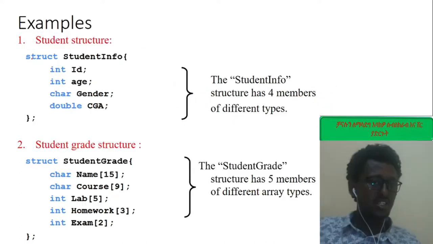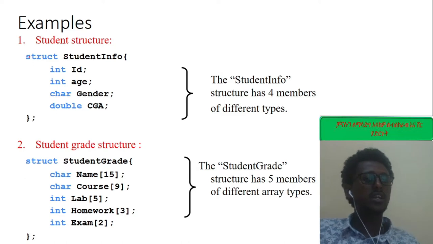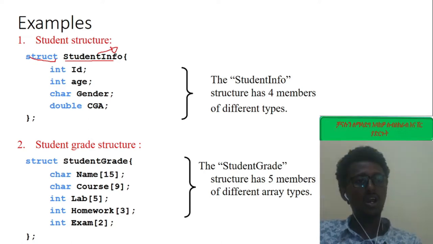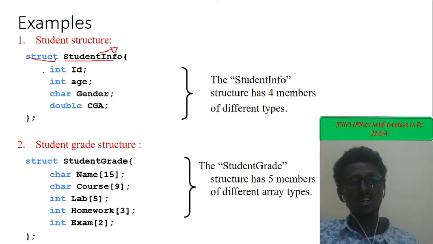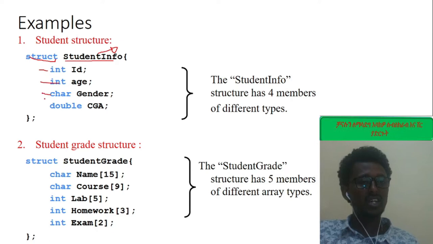And then the student structure, for example. Here struct is a keyword, and student info is a struct name. Under the struct name it has many members of the structure, or fields of that structure, with integer, with character, with double, different data types.